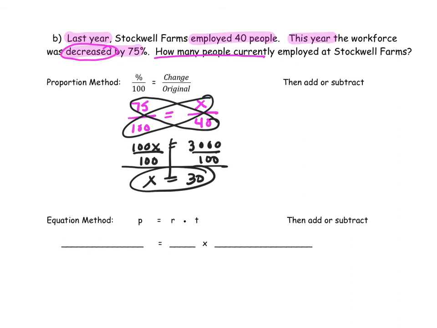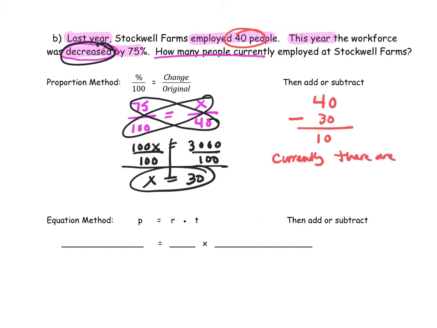Now this time we happen to have the same answer, but we have a decrease, and we started out with a different amount of employees than in the problem before. So last year there were 40 employees. There's been a decrease, so we're going to subtract 30 employees, and that means currently there are 10 employees.